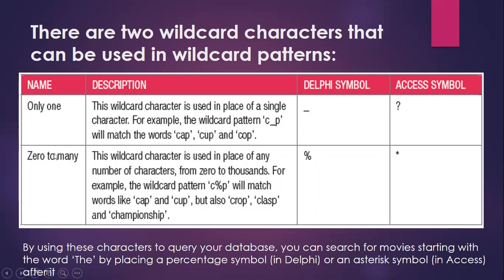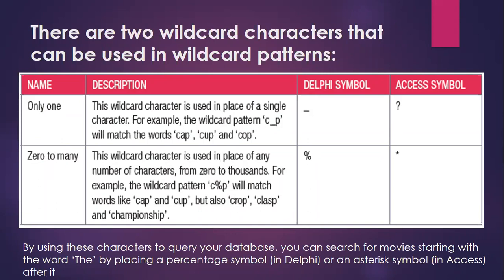Okay, now if I need more than one character. So this option is 0 to many. So from 0 to as many as you decide. This wildcard character, let me just find my mouse, is used in place of any number of characters from 0 to thousands.